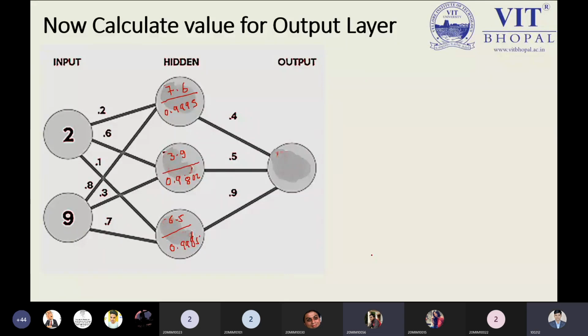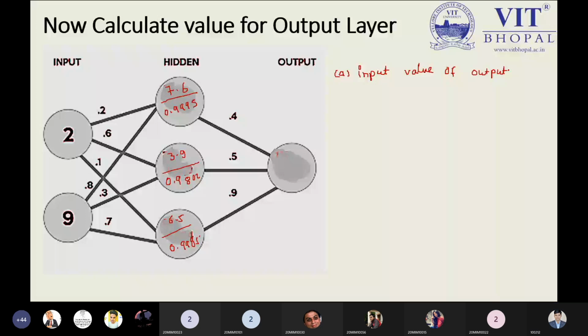Sir, 1.7885. So how have we calculated? First, we are calculating the input value of the output layer node.